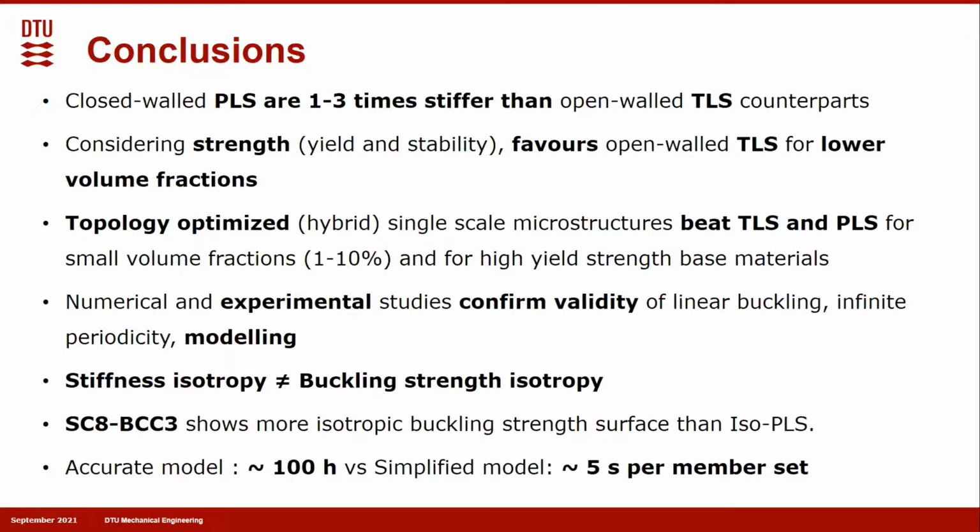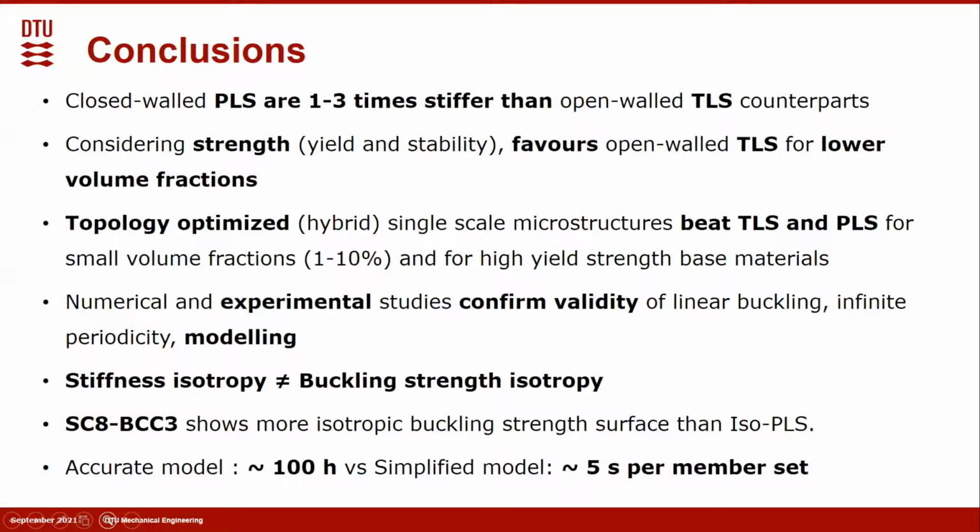Optimized single length scale isotropic microstructures beat truss and plate for small volume fractions, and also for high yielding strain-based materials. And numerical experiment studies validate the linear buckling modeling. And more important, using a simplified model, we show that stiffness isotropy doesn't indicate buckling strength isotropy.